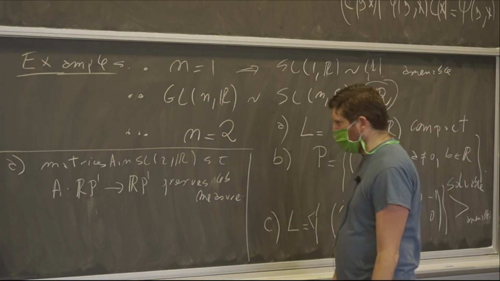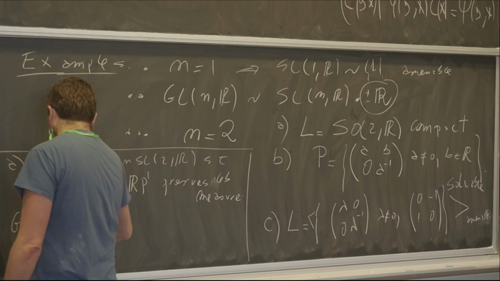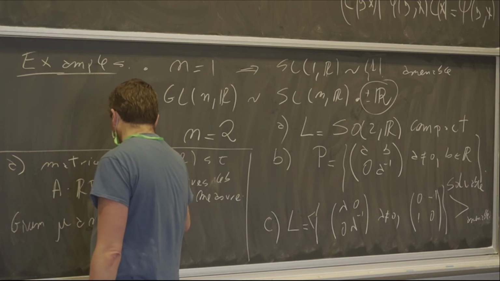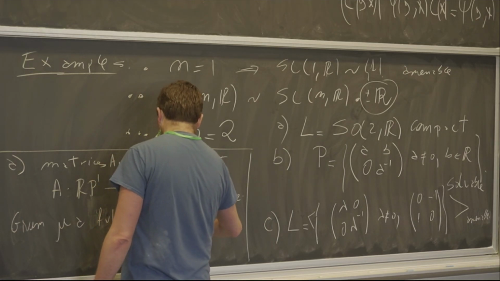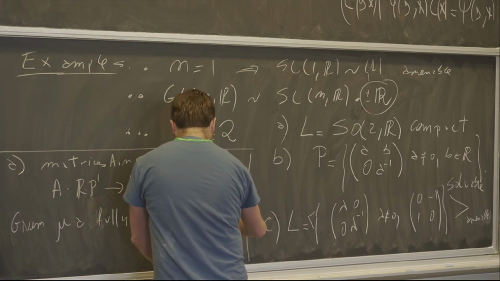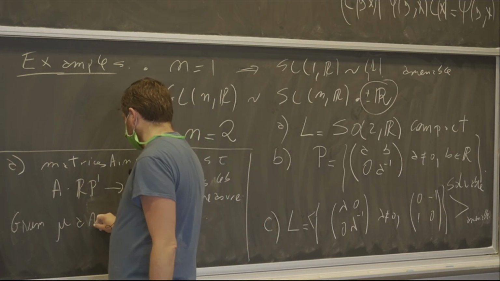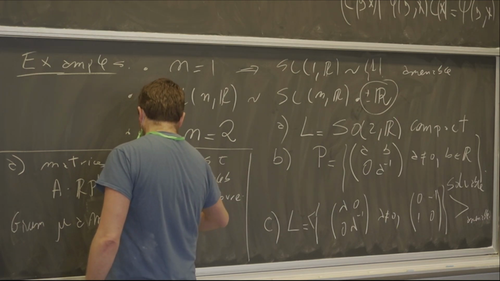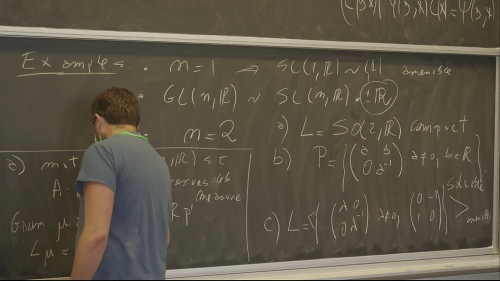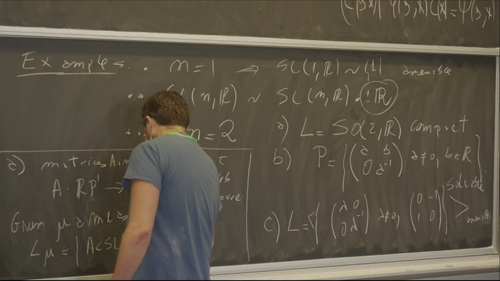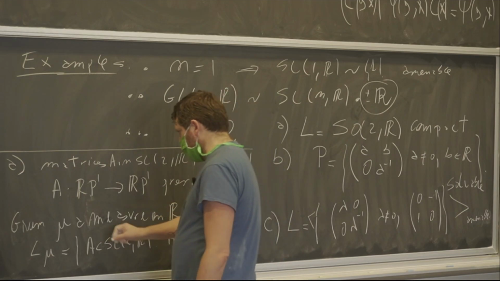In general we would have a group that we could call L_mu, given mu a fully supported measure, okay, I don't need it to be fully supported in principle. That's a probability measure on RP1. We have L_mu equals all the A in SL(2,R) such that A star mu is equal to mu.